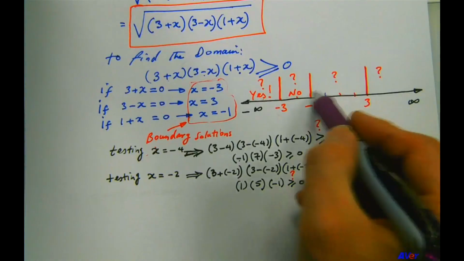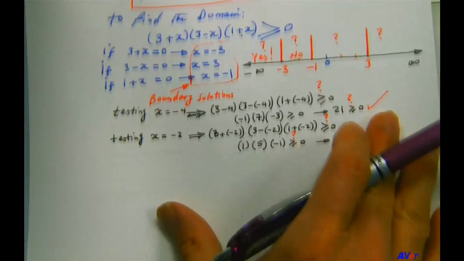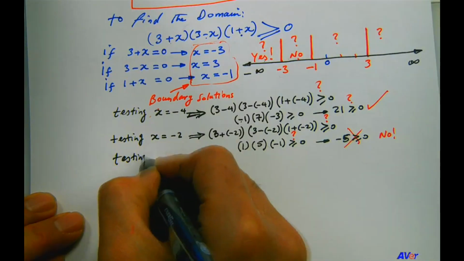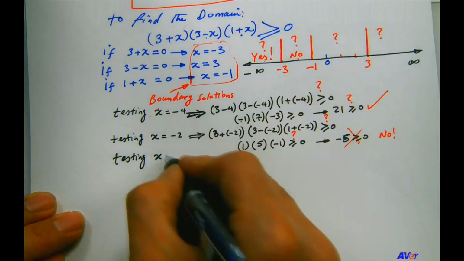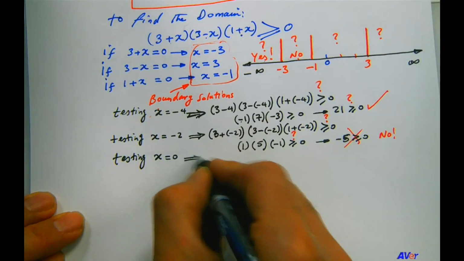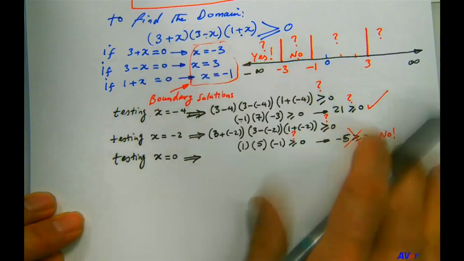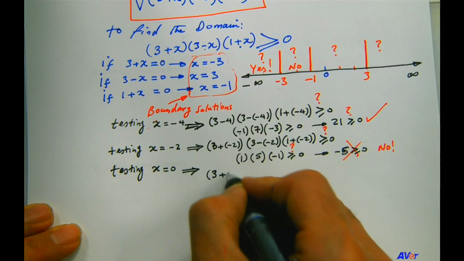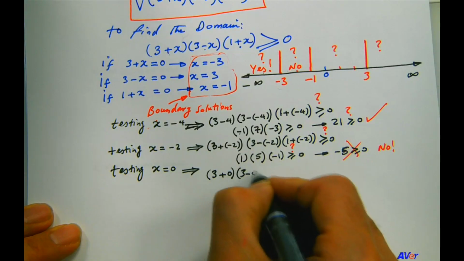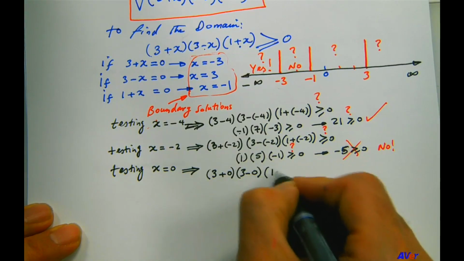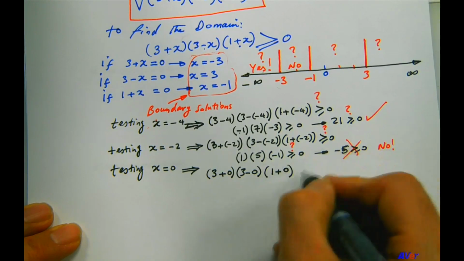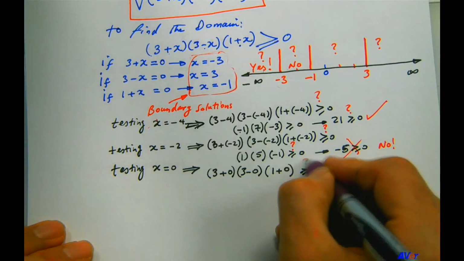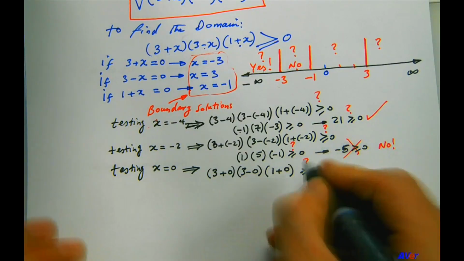So let's test this region then. Testing x, the easiest number would be 0, right? And we're going to plug into that inequality. So we have 3 plus 0 times 3 minus 0 times 1 plus 0, and we're asking if the left side is greater than or equal to 0. We're asking this.